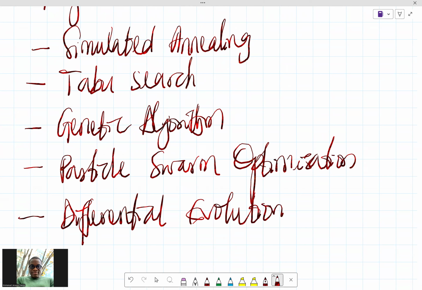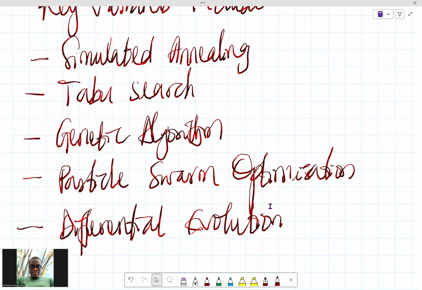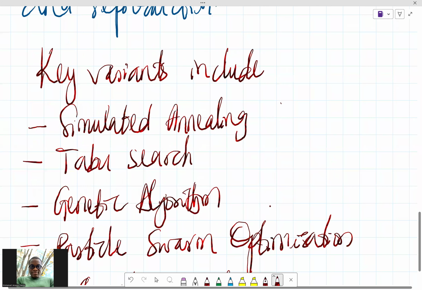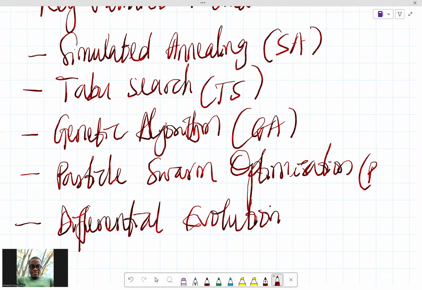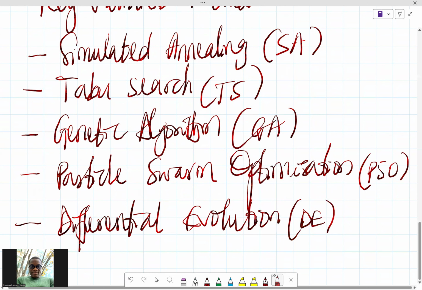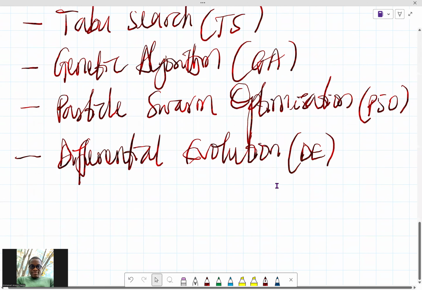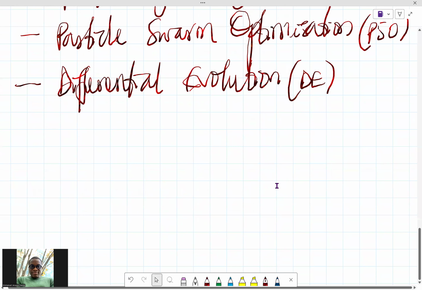Of course, we have evolutionary strategies, which I'm not covering in this playlist, but you should just know that it's there. So: simulated annealing, SA, tabu search, TS, genetic algorithm, GA, particle swarm optimization, PSO, and lastly, differential evolution, DE. And then we go on to talk about other things that surround this.